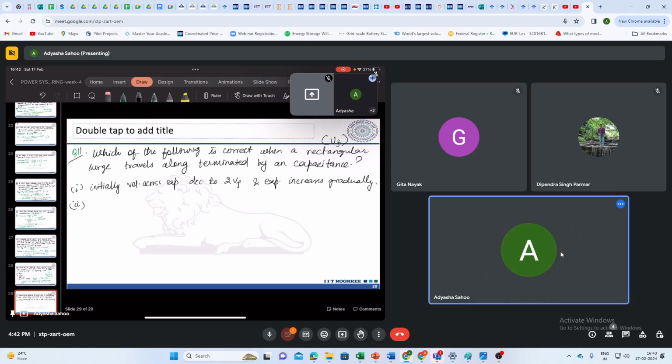Second is initially voltage across capacitor increases to 2 VF and then exponentially decreases.